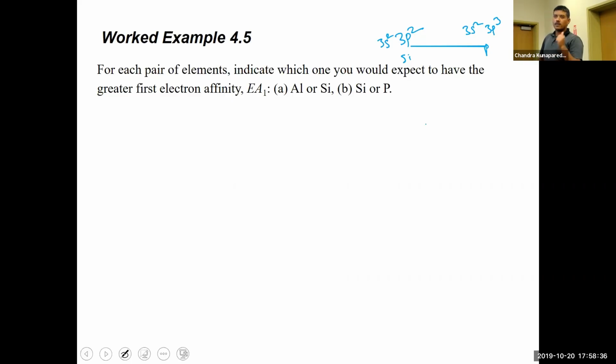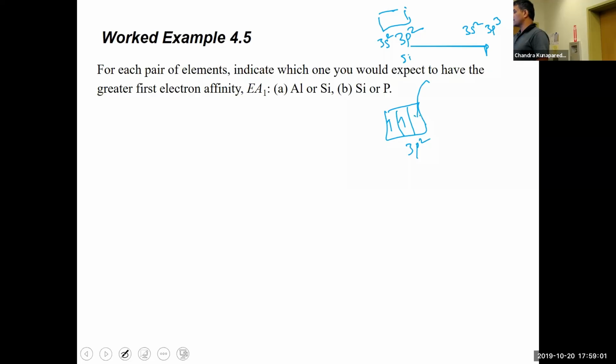If you're going to add to the same subshell, you need to check whether you're adding that electron to a completely empty orbital or a partially filled orbital. 3p2 means you are adding an electron here. Let me write here. 3p2, you're adding an electron here.